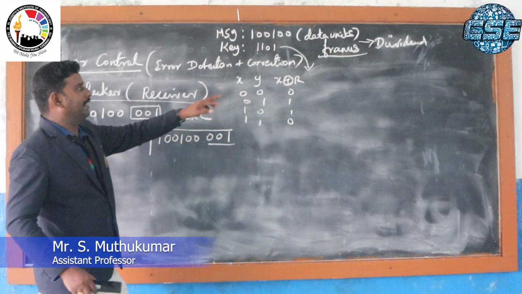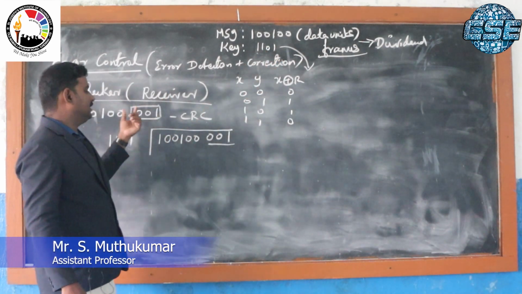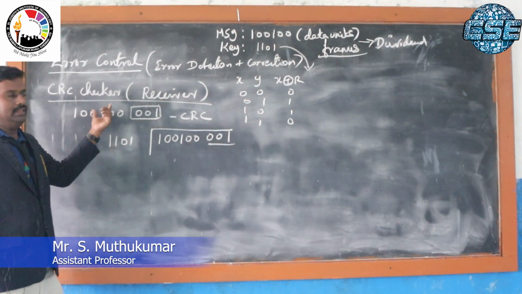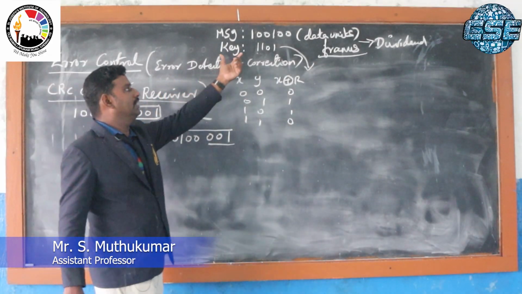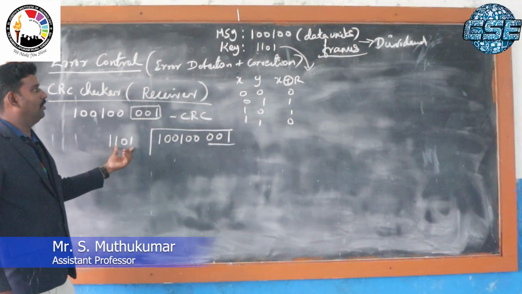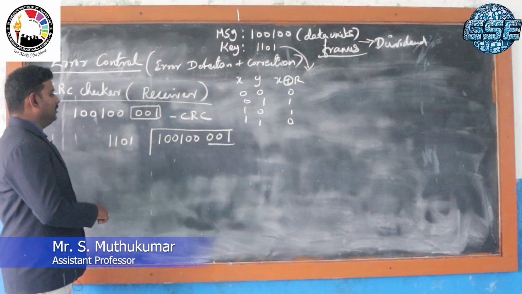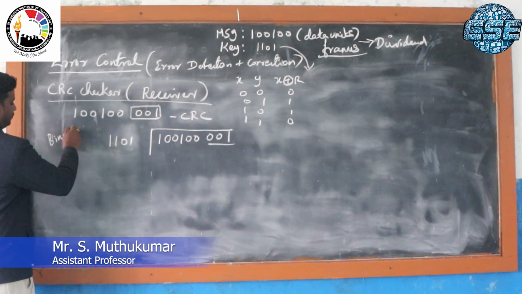The divisor is a common key value that is shared between sender and receiver. Both the CRC generator and the checker use the same key as a divisor. So 1 1 0 1 is the divisor. Continue with the binary division.